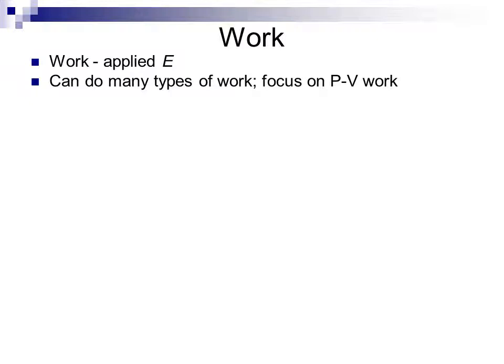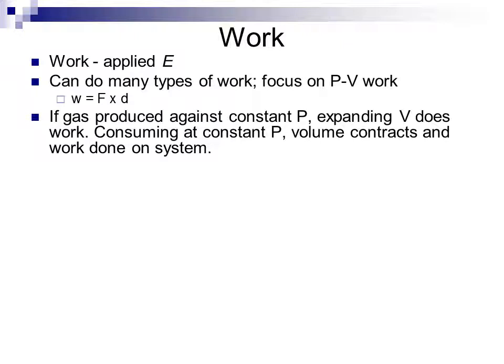Work is applied energy. We can do many different types of work, but we will focus primarily on pressure volume work. We've defined work as being force applied across a distance, force times distance. If a gas is produced against constant pressure, expanding volume does work.